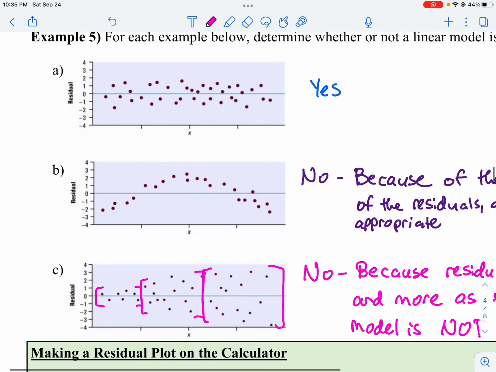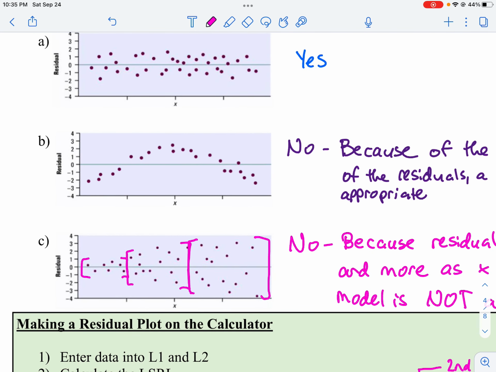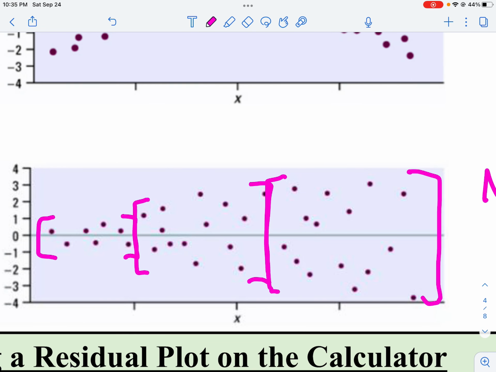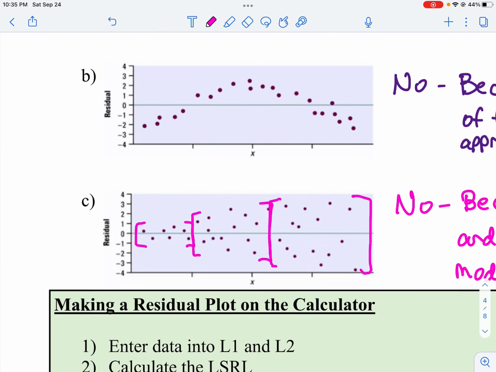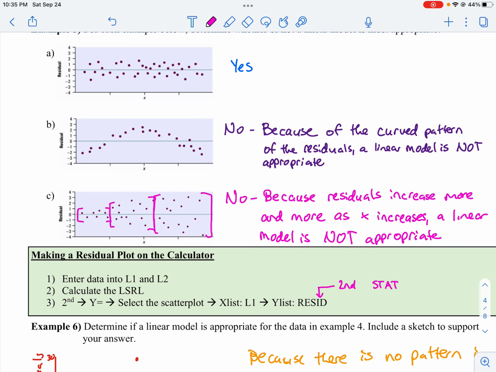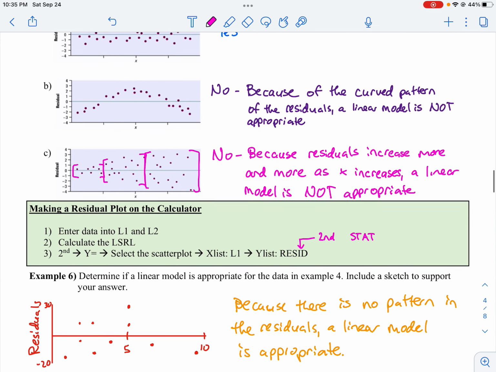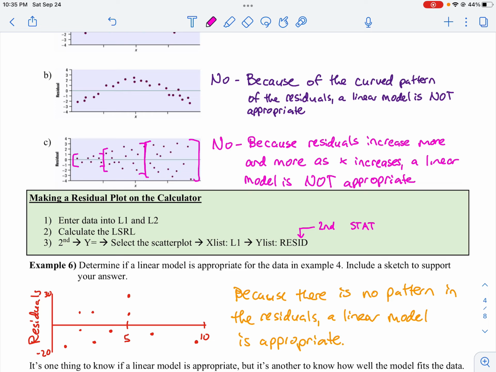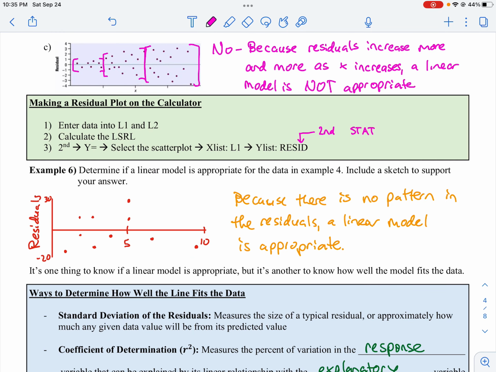Whereas when we do have a pattern, such as a curve, or as x increases, so are the residuals, something like that, a linear model is not best. We don't necessarily know what model is best, we just know that it's not linear. So we've got the steps here on how to make a residual plot, and we practiced one of those.